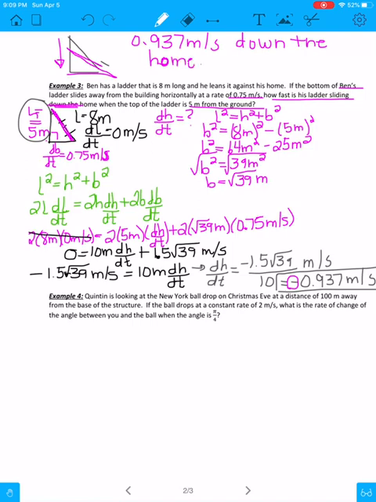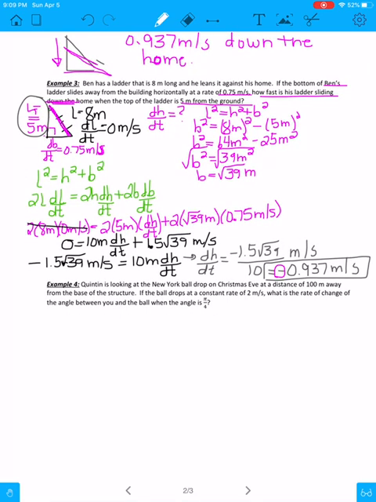Okay. Example 4. I did the worked out solutions for it. It's just there if you want to look at some other type of related rate, if you're intrigued, if this is something you find fun. But I didn't give you any questions like that, okay?